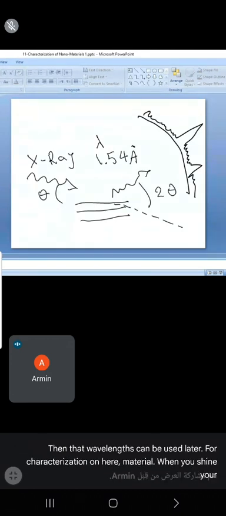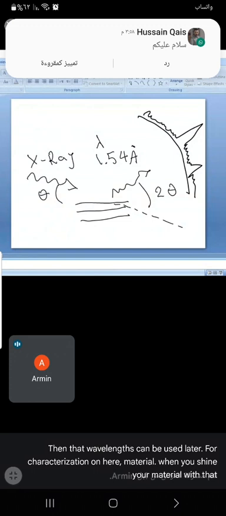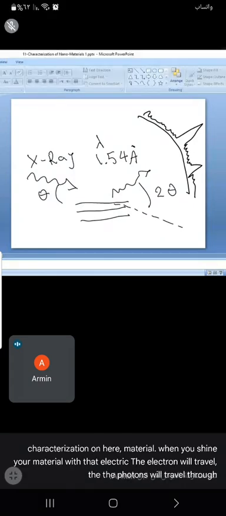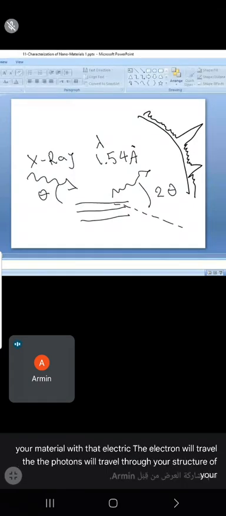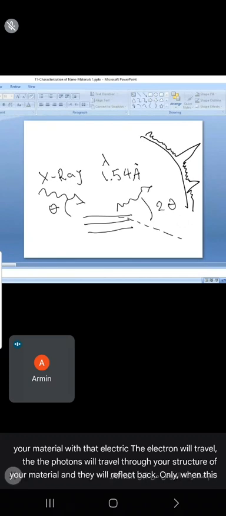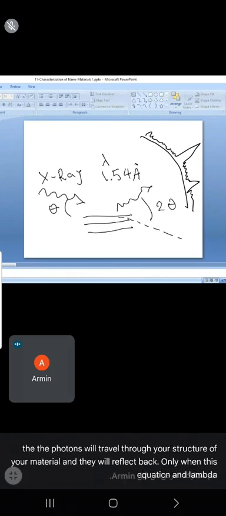When you shine your material with that X-ray beam, the photons will travel through the structure of your material, and they will reflect back only when this equation n lambda equals 2d sine theta is valid.